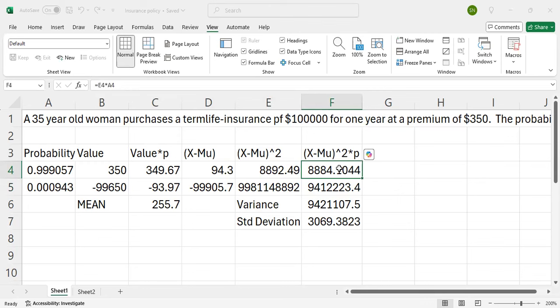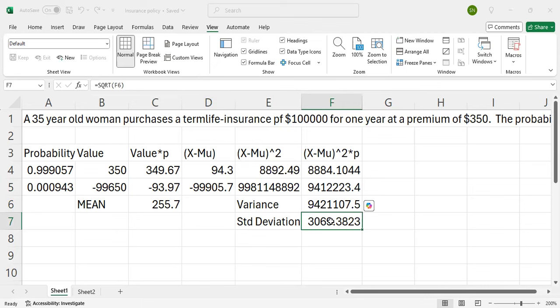After finding the square of the deviation of the numbers from the mean, you multiply it by the corresponding probability and add the two events together to get the variance. What is variance? It is the square of the standard deviation. So how to find the standard deviation? You take the square root of the variance, which is SQRT.